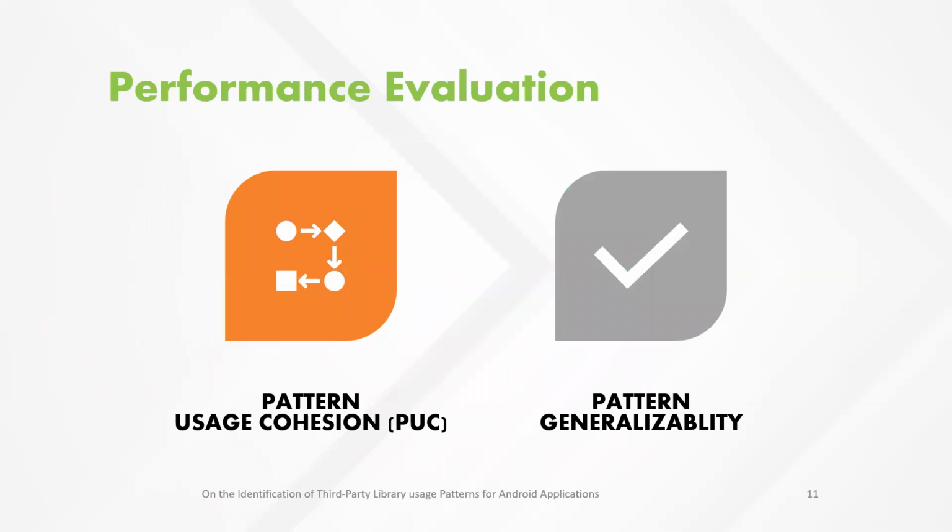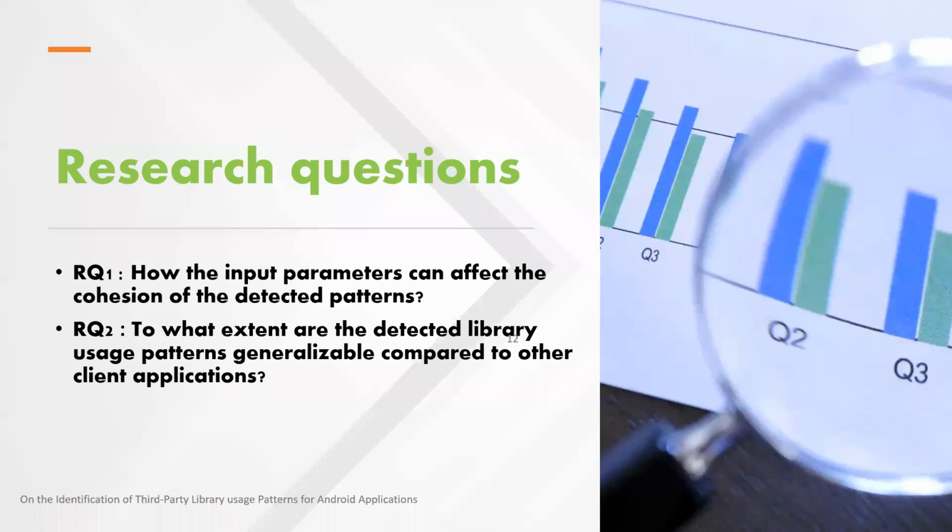We evaluate our work on two factors: pattern usage cohesion and pattern generalizability. We formulate the research questions of our study as follows. How can the input parameter affect the cohesion of the detected patterns? To what extent are the detected library usage patterns generalizable to other client applications?